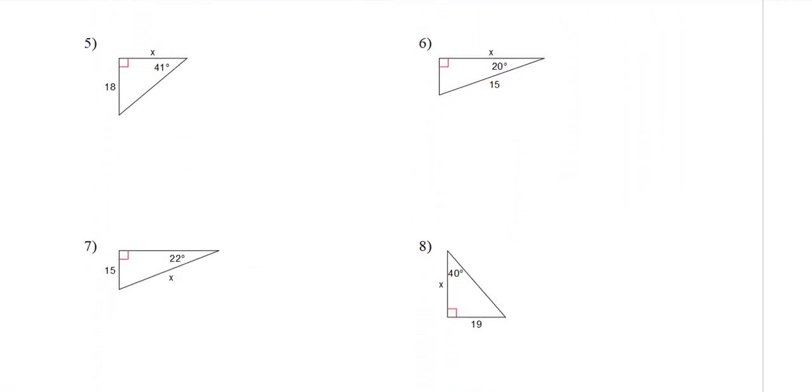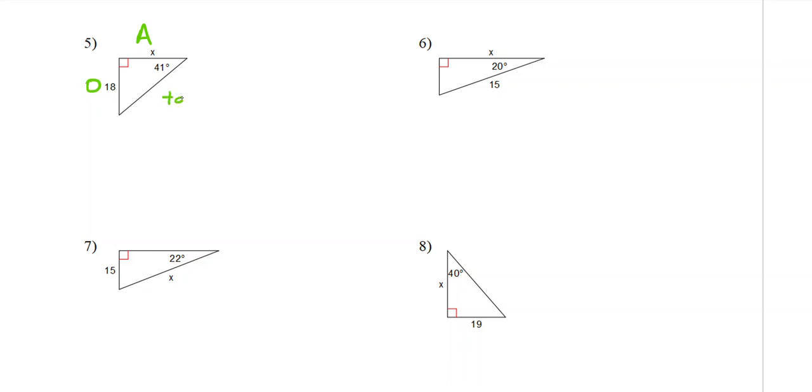Question 5. Let's label those sides. From the 41, what is this side called? The X. What is that X called? It's the A. What is this 18 going to be called? Oh, very good. That's a little bit different. The O, which means it's tan.